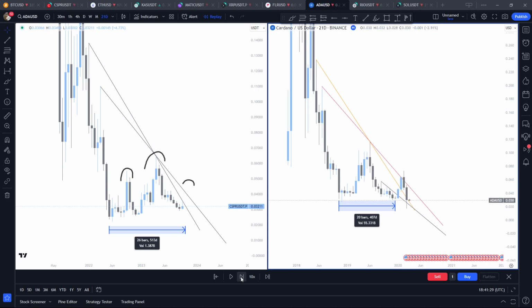And here's where it gets interesting, right? You see this very big downside move? Look, guys, watch where my mouse goes when I do this. I'm going to the downside of this candle. I'm going to mark it so you don't miss it.